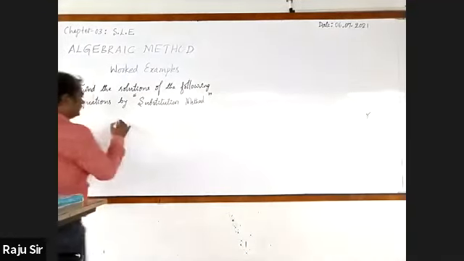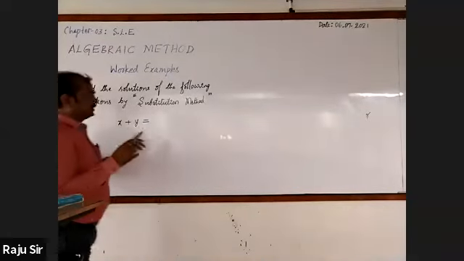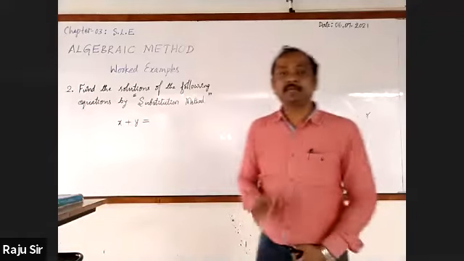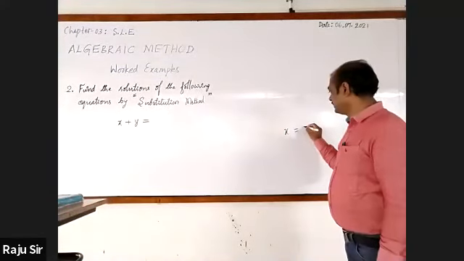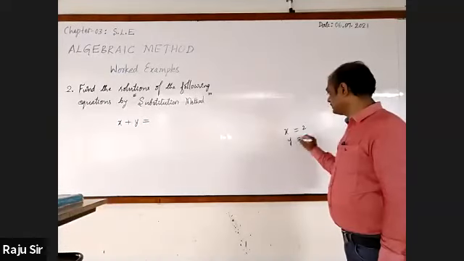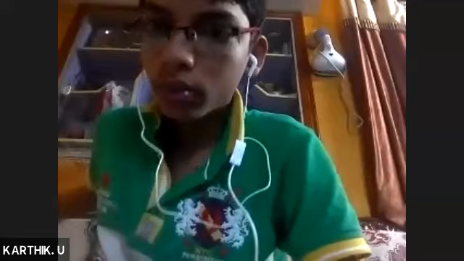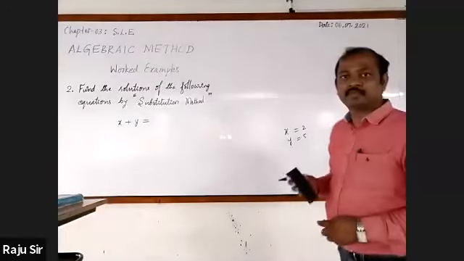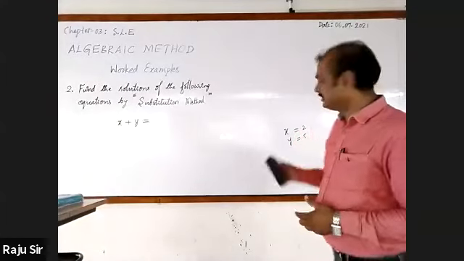Here, it is x plus y, with x and y values. Now I decide what. Shall we take x as 2 and y as 5? Or would you like to choose? Anybody? x is equal to 1 and y is equal to 2, sir.